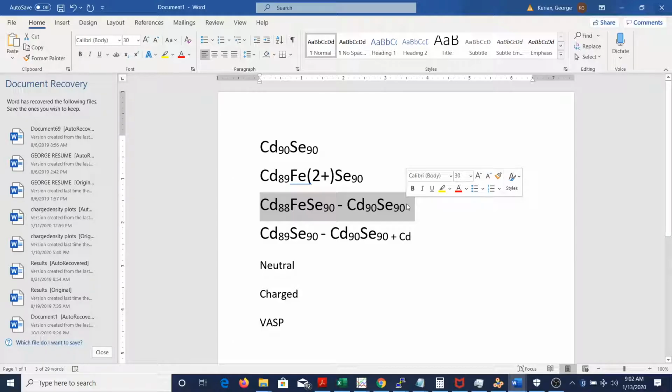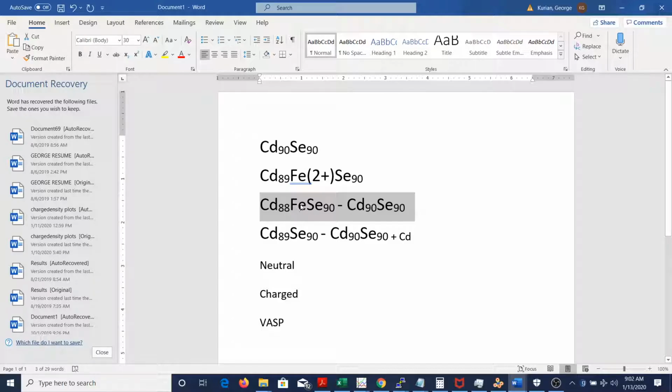So we'll compare the cadmium selenide structure doped with iron without the vacancy, and then the one with the vacancy, both Fe2+ and Fe3+. From how the charge density looks, I will prove to you that it is supposed to be Fe3+ and not Fe2+.